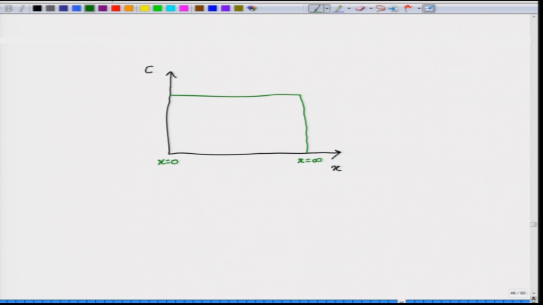Again, although this block is finite, the other end we call as x equal to infinity, because in the given time the diffusant has not penetrated all the way up to the other side. As long as that is true, this infinite boundary condition will be satisfied and this solution can be applied.